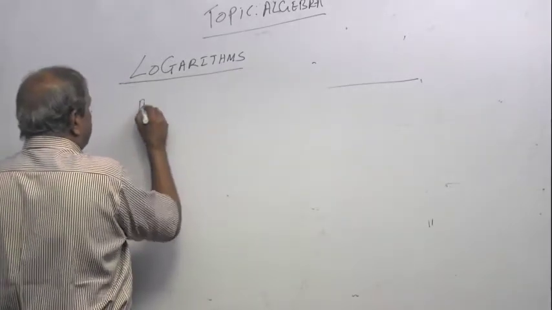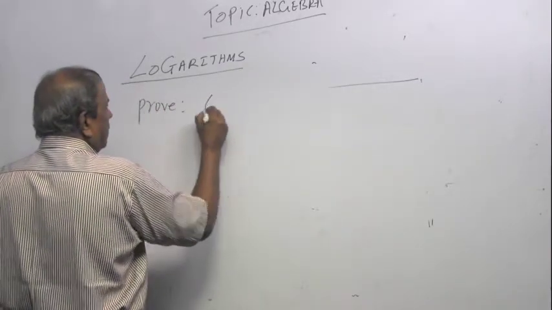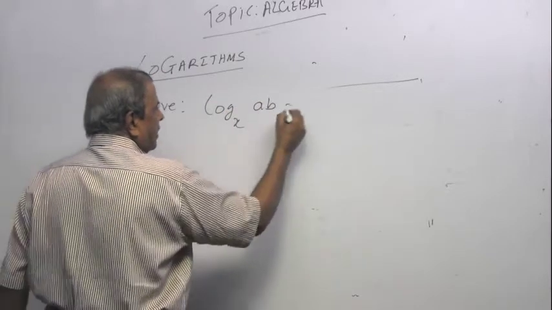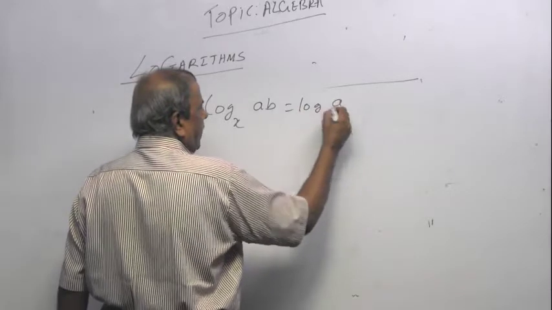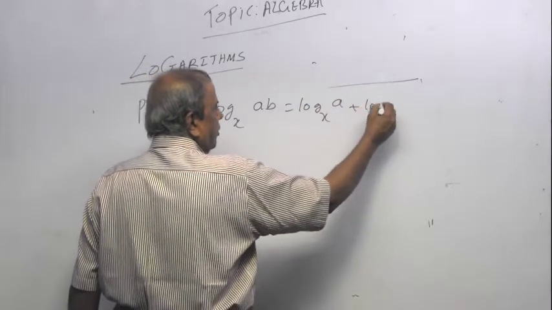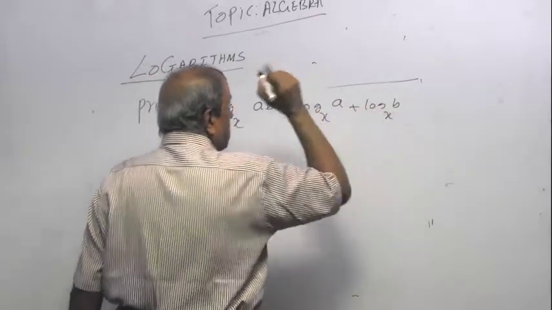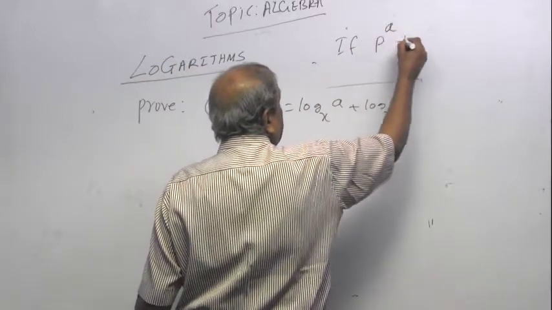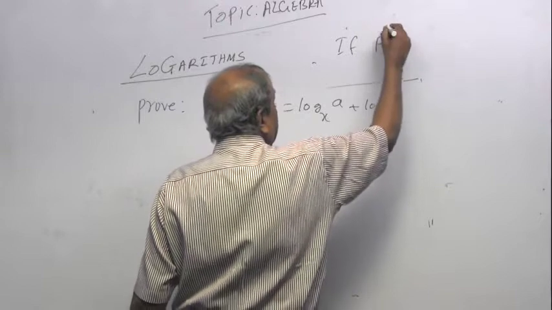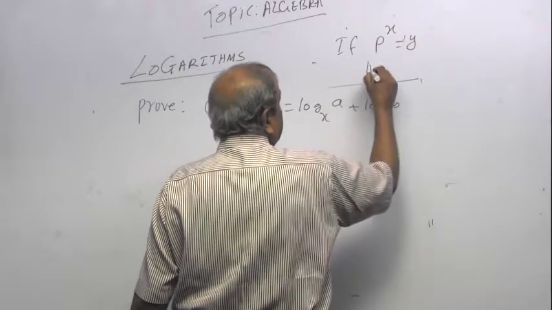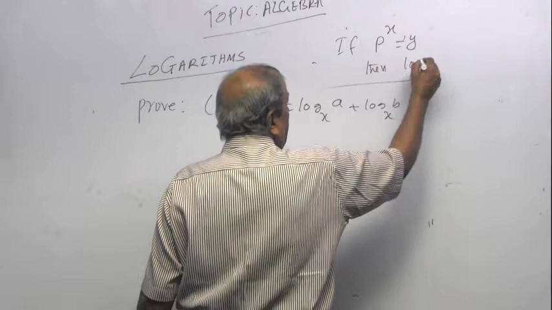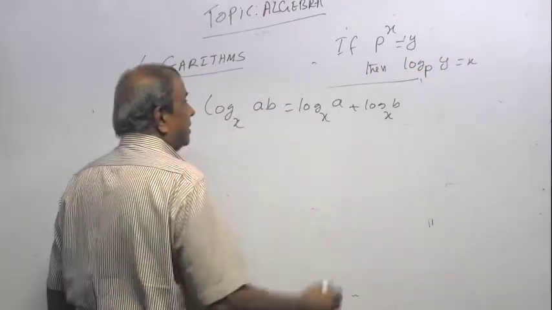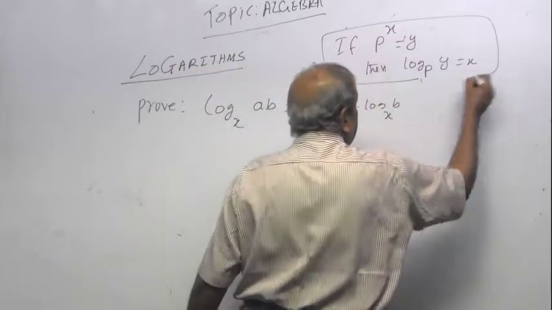So prove, let's say, logarithm of AB to base x equals log A to base x plus log B to base x. Remember the rule? If P to the power x equals y, then log y to base P equals x. The definition of logarithm.